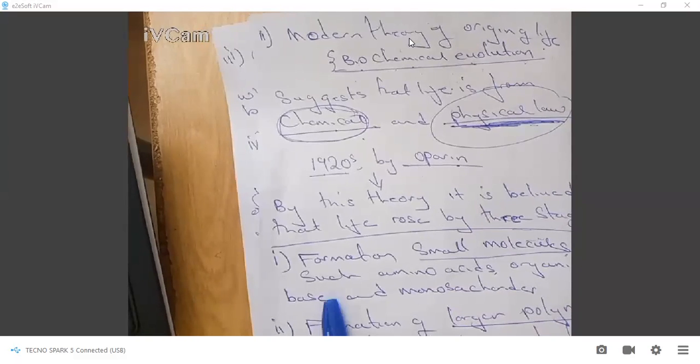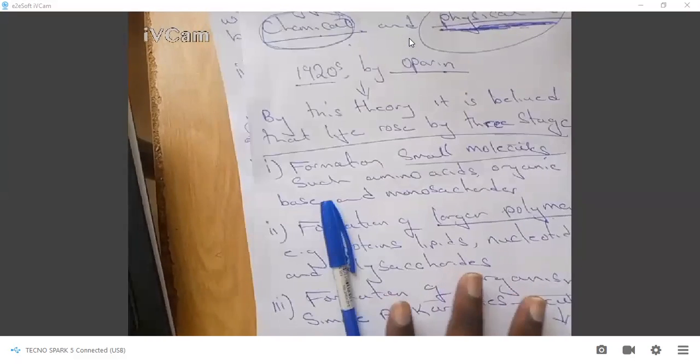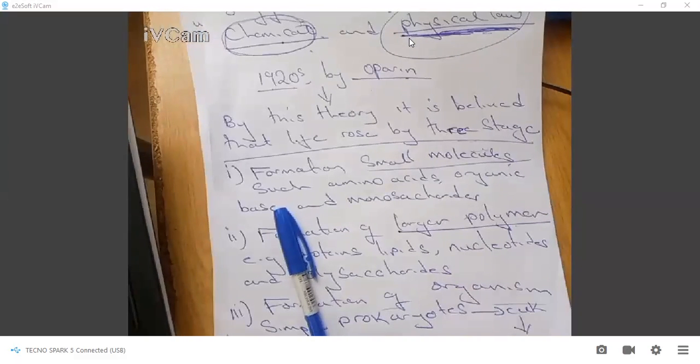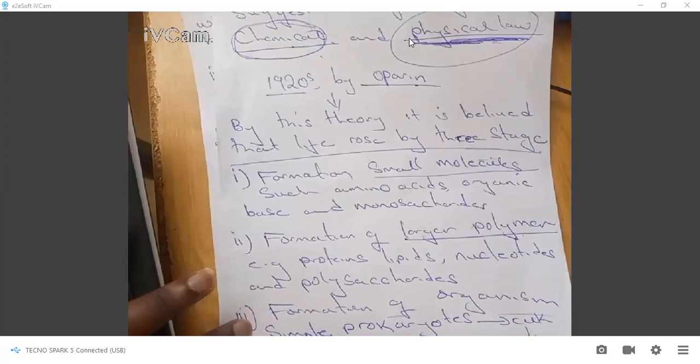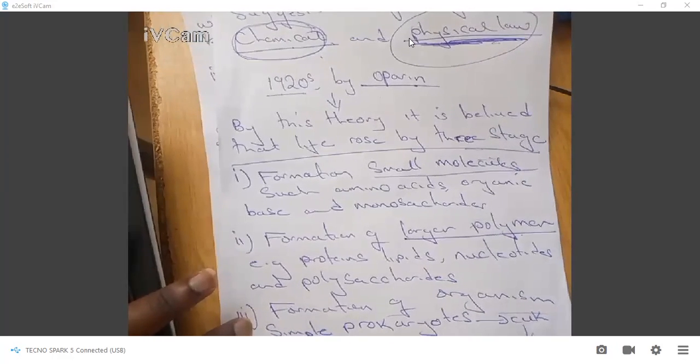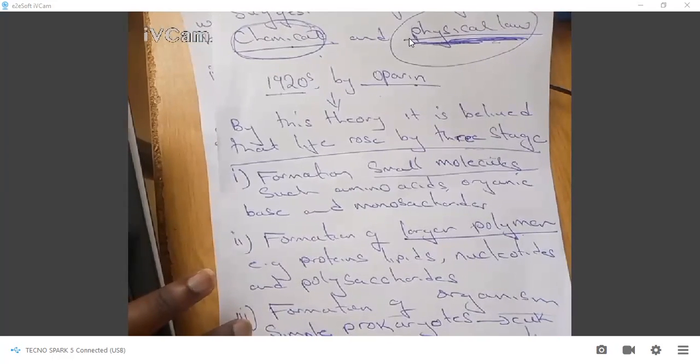Therefore, if you remember in senior one, we talked about organization of organisms. They said that organisms are believed to have started with a cell, then tissue, then organ, organ systems, then lastly organism.